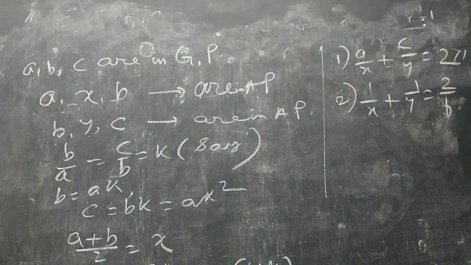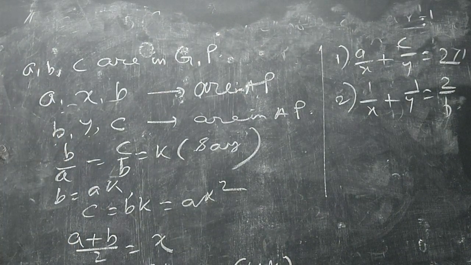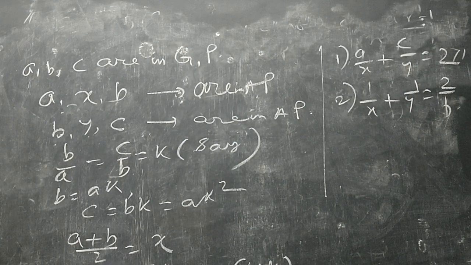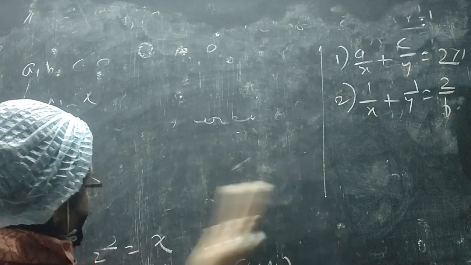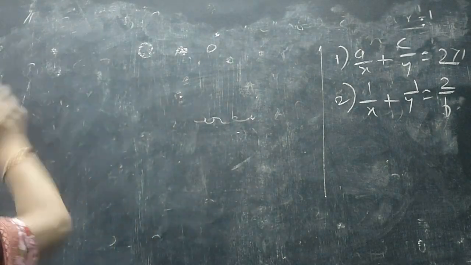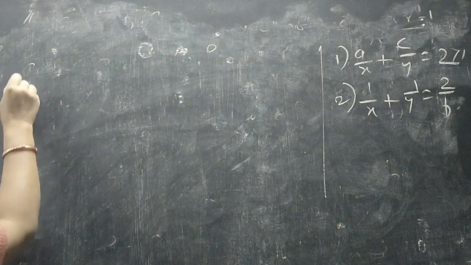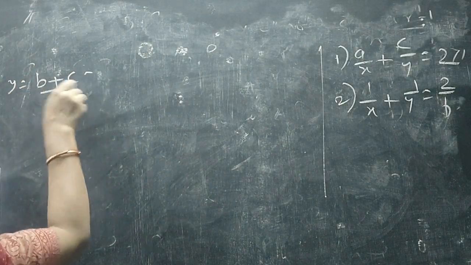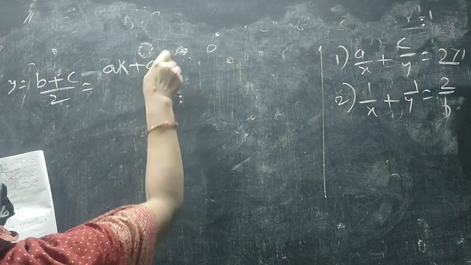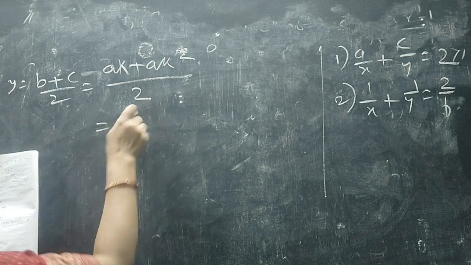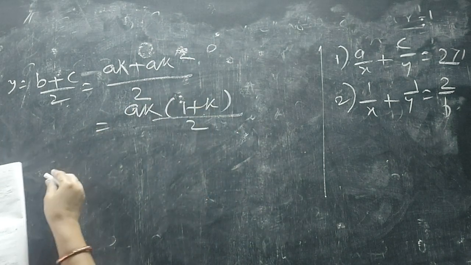And next one, Y equal to B plus C by 2, this equal to AK plus AK square by 2, this equal to AK into 1 plus K by 2.